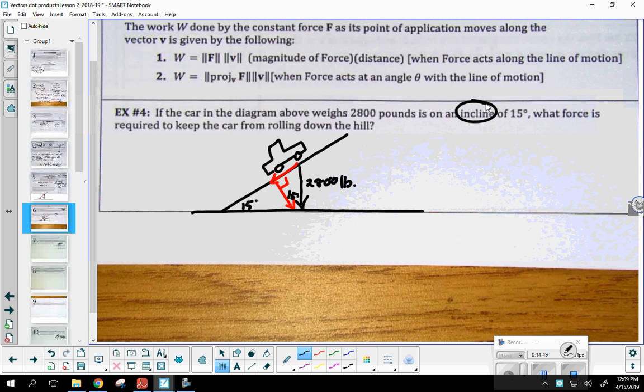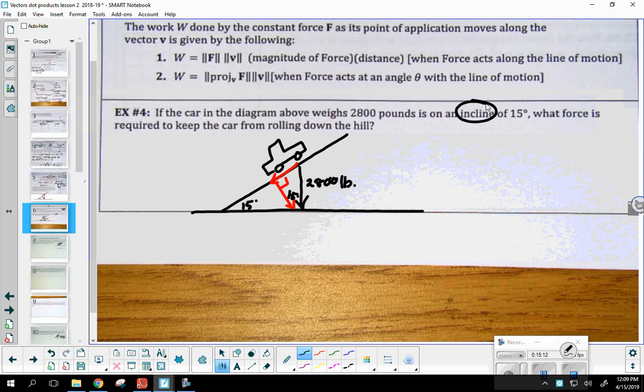Well, what's going to happen if I were to match the amount of force that the car is wanting to go down the hill with? Whatever force it's wanting to go down the hill, what if I took that same amount of force and went the opposite direction? What's going to happen to those two opposing forces? Wouldn't one force have to be greater than the other?